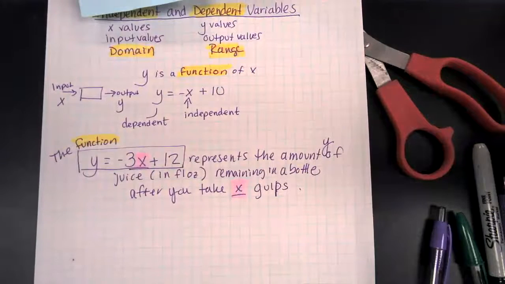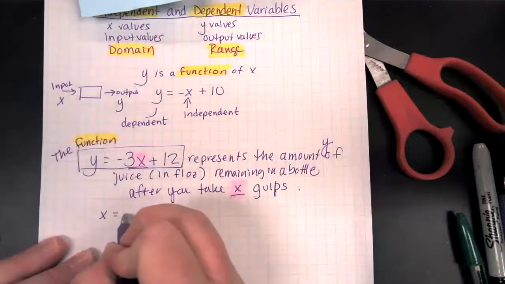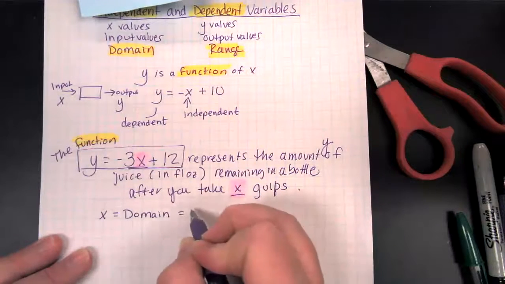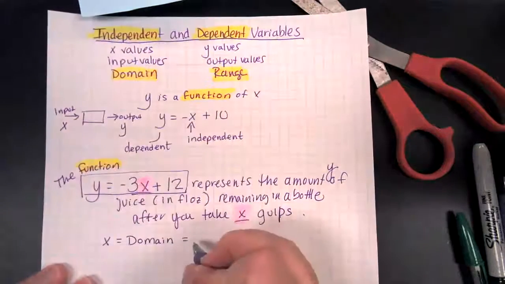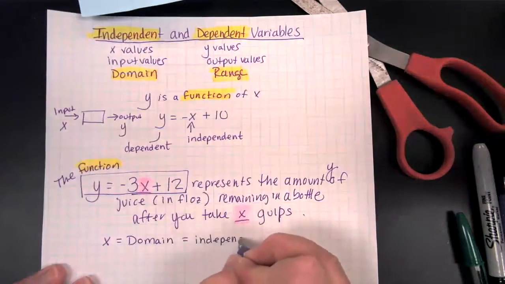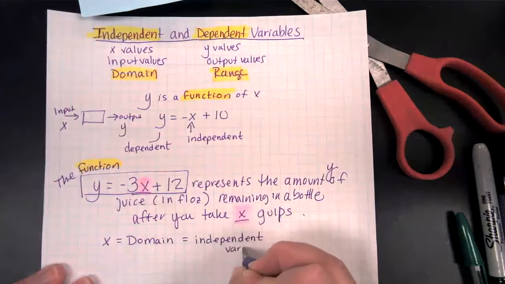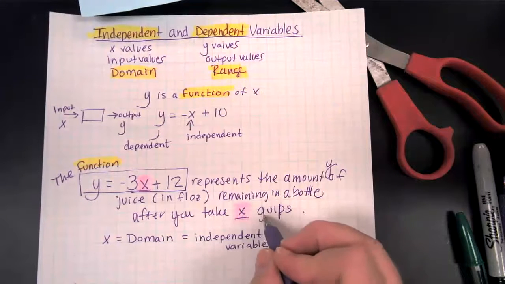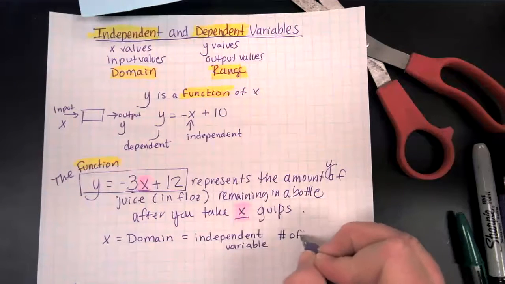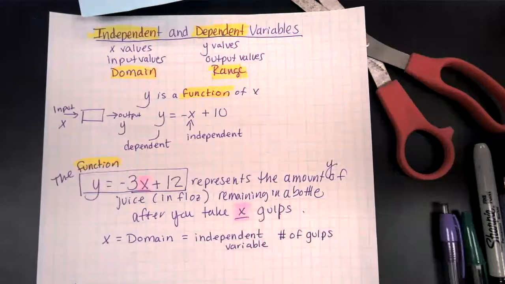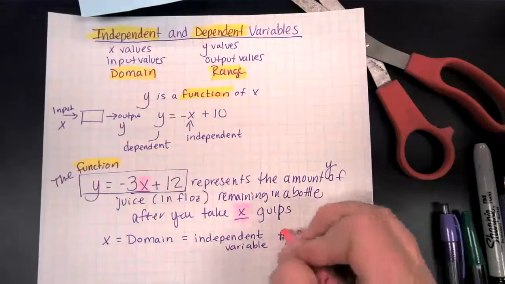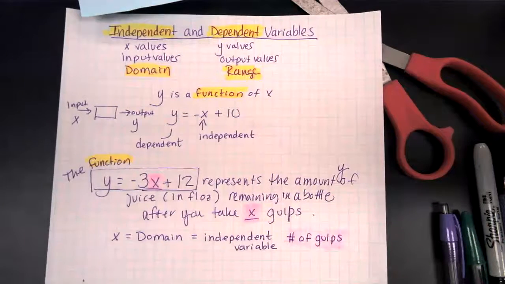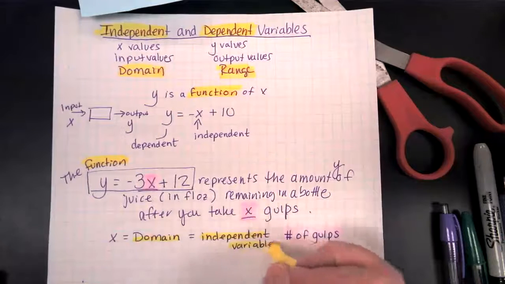So my X is my domain, which is also my independent variable. Now, the independent variable is not just mentioning the X. What does X represent? Right here, X represents the number of gulps. Oh, and I used the word domain again, and I also used independent variable.